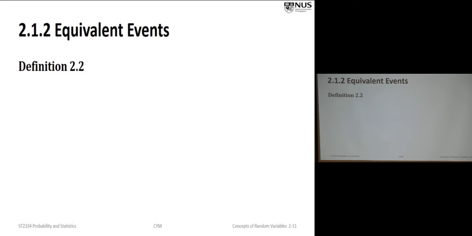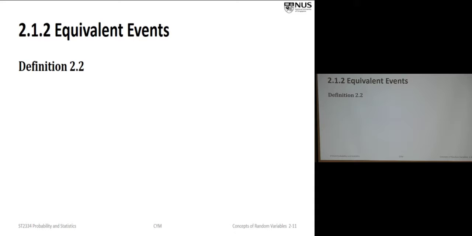When I say the number of heads for tossing two coins, then we know that it's referring to the experiment of tossing two coins, and the outcomes are represented by head-head, head-tail, tail-head, or tail-tail. These are the outcomes. And we try to link the random variable's certain values to these outcomes of the experiment. So if the two are the same, we call it equivalent events.